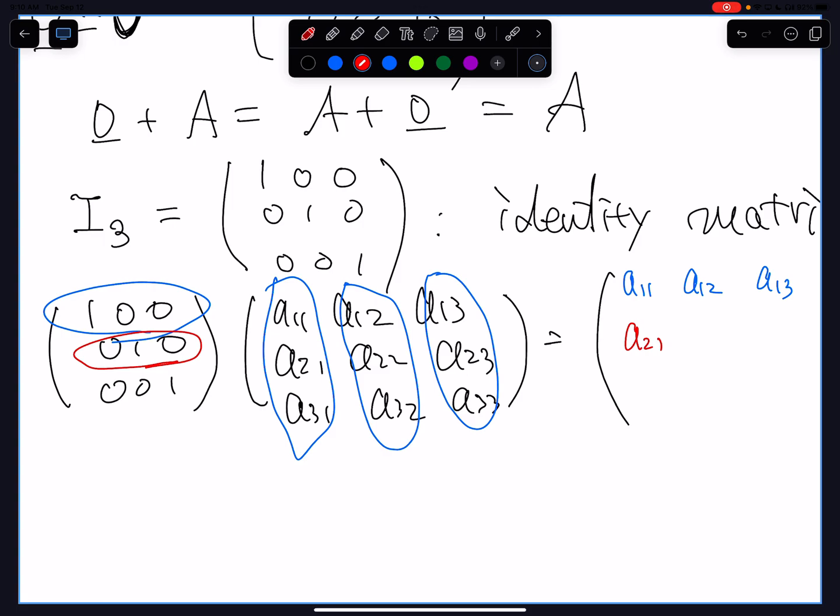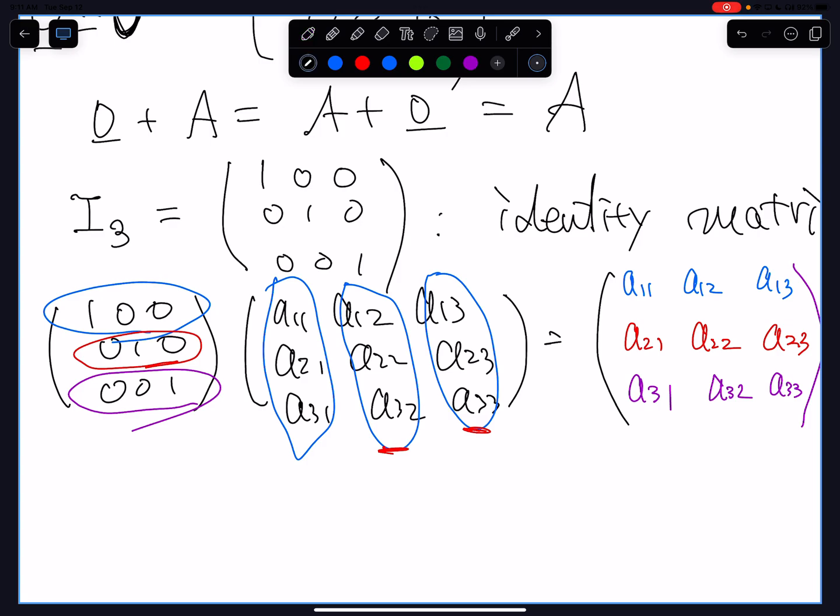And you multiply with the second column, what does it give you? A12, right? And the same thing for A13. If you multiply 0 1 0 with the columns of the right-hand side, it gives you A21, A22, and A23. And if you multiply 0 0 1, that gives you A31, A32, A33. So it spits out the original matrix.